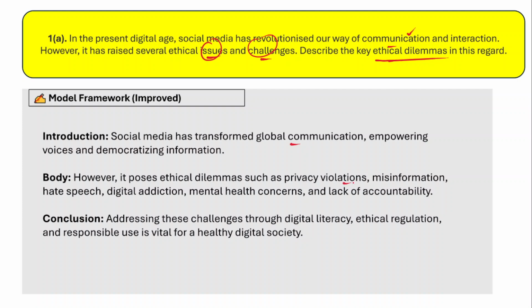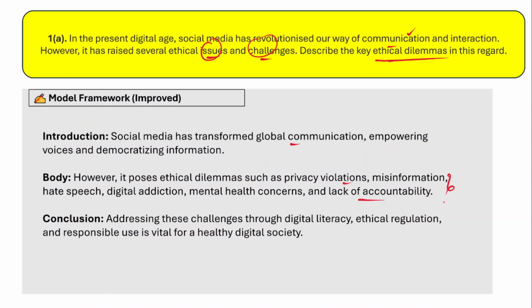For example, violations of privacy, misinformation, spreading hate speech, digital addiction of the youth and students, mental health concerns that come with the addiction to social media, and lack of accountability. These are all the ethical dilemmas that you can highlight with relevant examples.